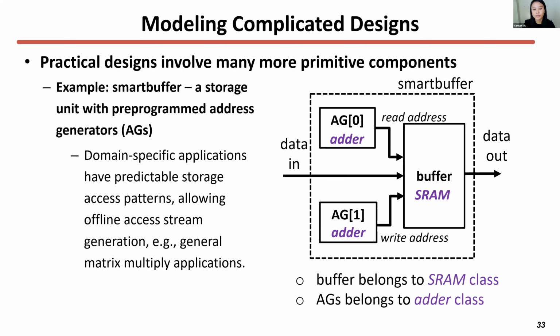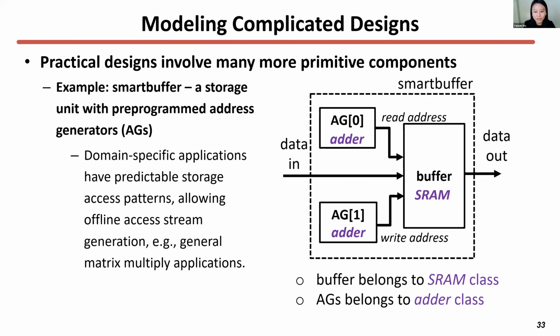Therefore, with this knowledge of domain-specific applications, it is useful to pre-program all the access sequences inside the smart buffer instead of having a centralized control unit that incurs a lot of overhead for either performing calculation of addresses or sending the calculated addresses to these local buffers.